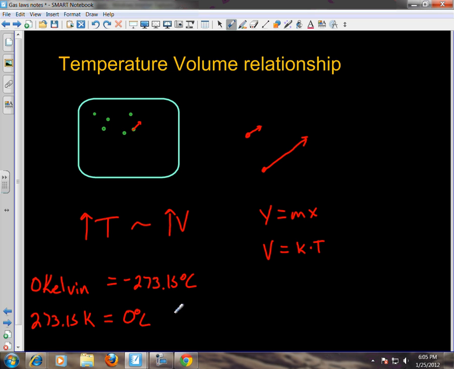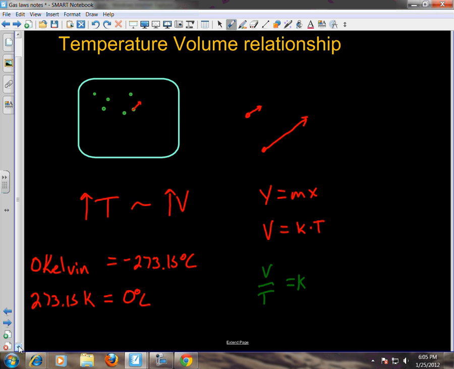It's a 1 degree change. For every 1 degree change of Celsius, you get 1 Kelvin change. So, taking this back to this idea, if I want to solve this for the constant like we did in the last problem, I'm going to get T off that side. So I get V over T is equal to K.